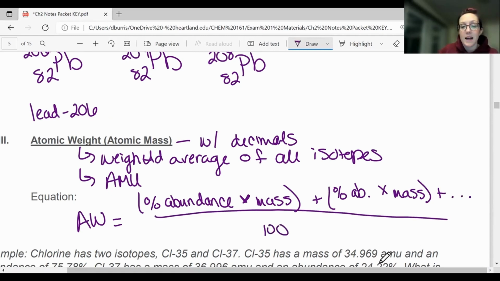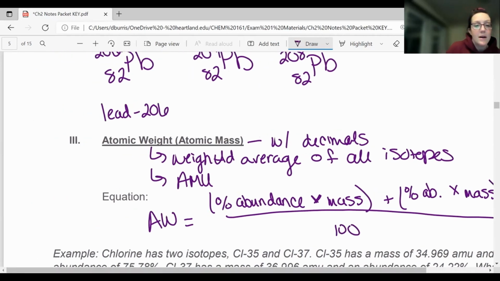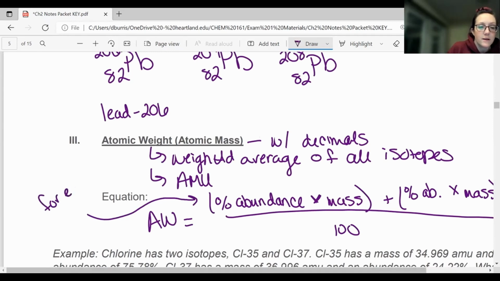That will give you the atomic mass, the weighted atomic mass, okay? So essentially you do this for each isotope. Add them all together, you will get the number that's on the periodic table. Okay, you will get a weighted average.